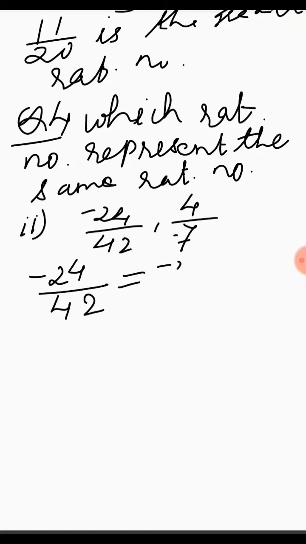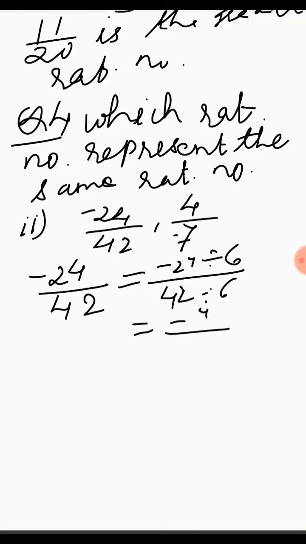It means your numerator and denominator you will divide by what? 6. Now when you divide 24 by 6, what will you get? Minus 4. And when you divide the denominator, you will get 7, as 42 divided by 6 is 7.